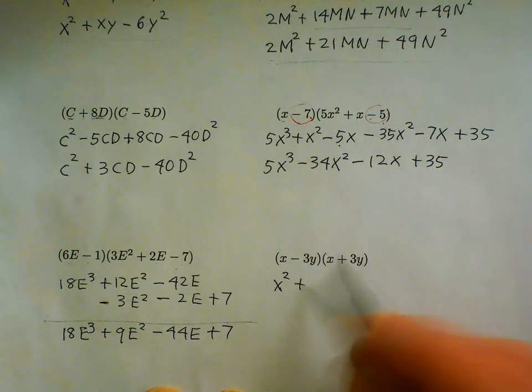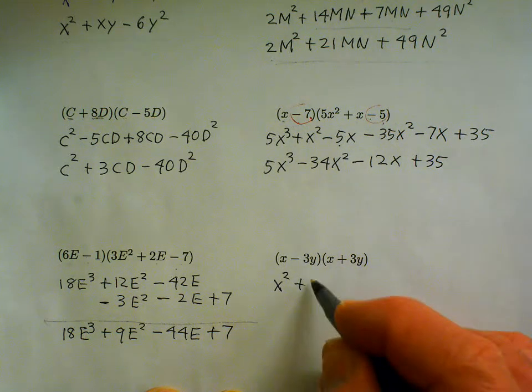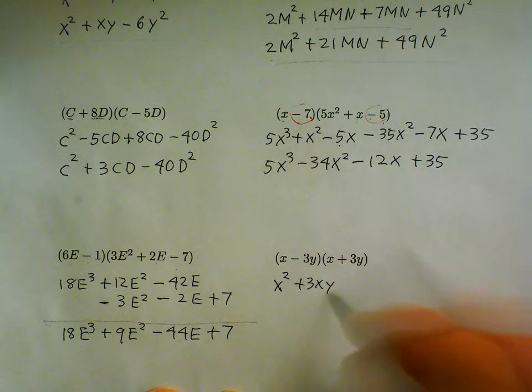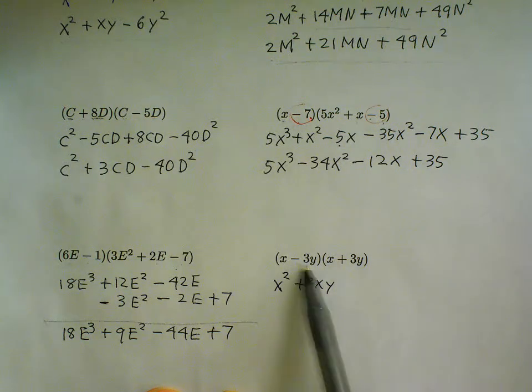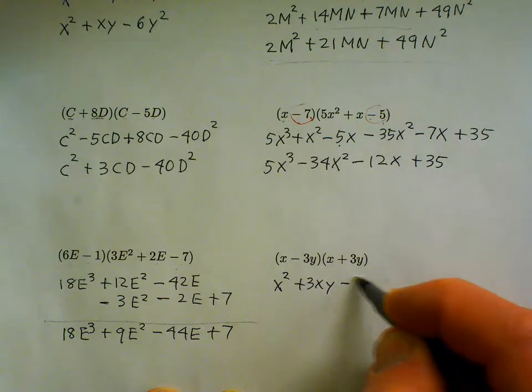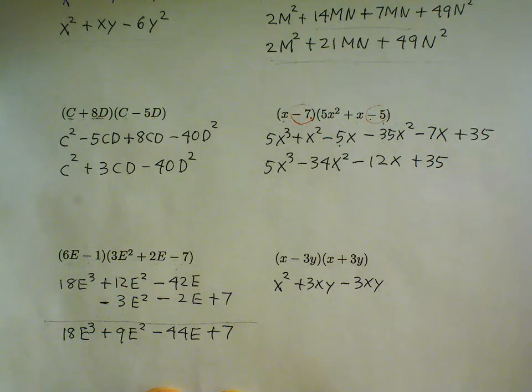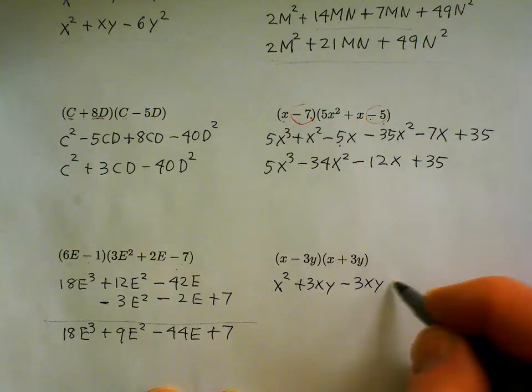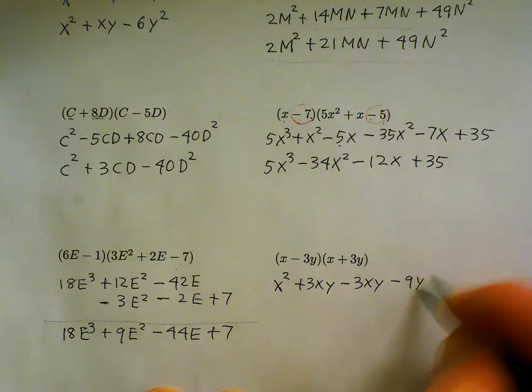And then plus x times 3y is plus 3xy. And then minus 3y times x is minus 3xy. And then minus 3y times 3y is minus 9y to the second.